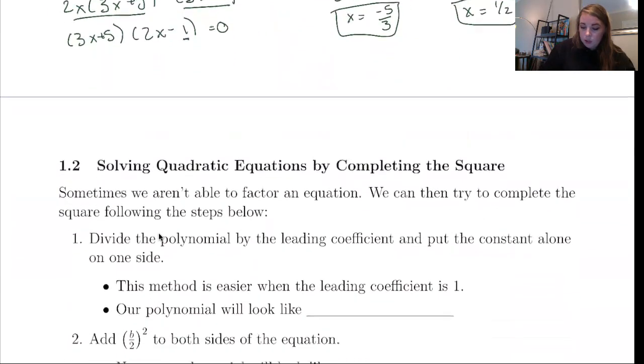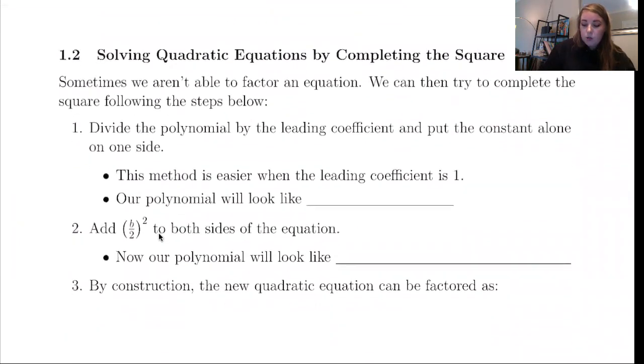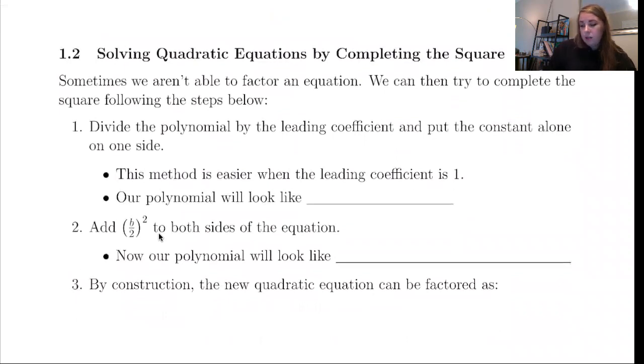So, solving quadratic equations by completing the square. The first time I taught this method, I think I confused some of my students because I explained it in so many different ways.